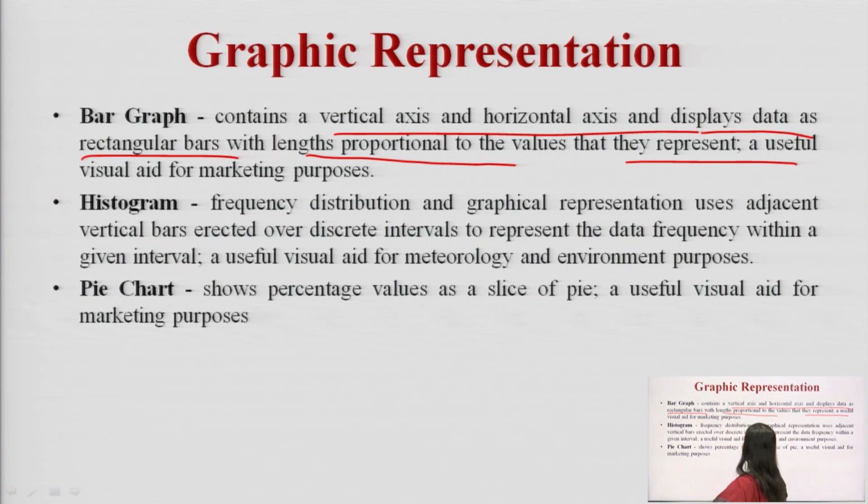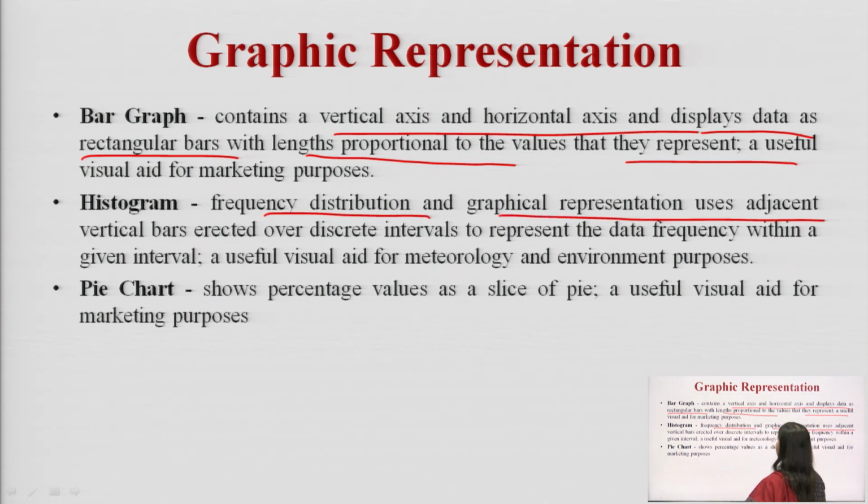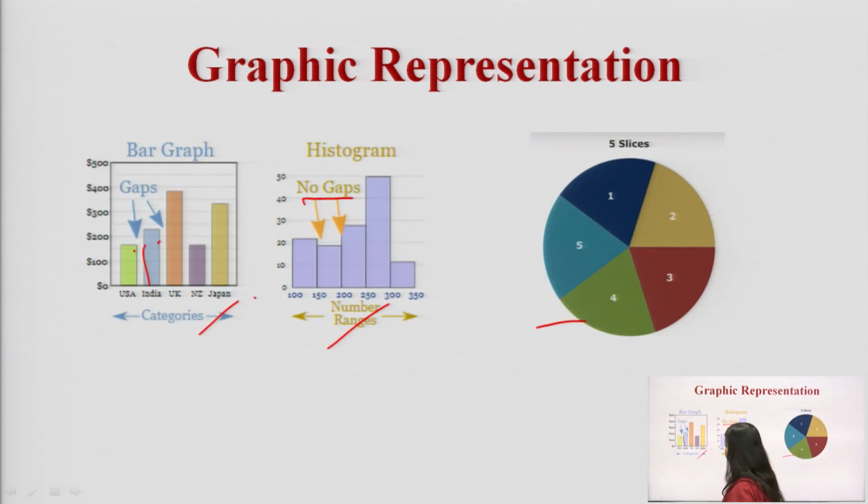Then what is a histogram? A histogram is basically a frequency distribution, a graphical representation that uses adjacent vertical bars erected over discrete intervals, meaning the values are given after a discrete interval. In the bar graph the x axis values are not numeric, it is just a name.